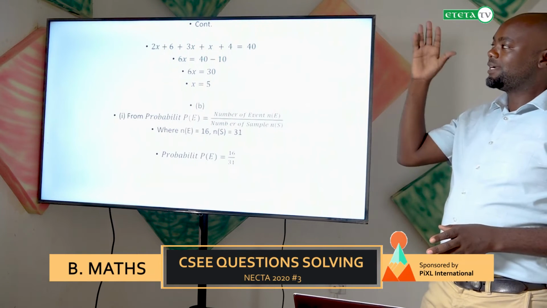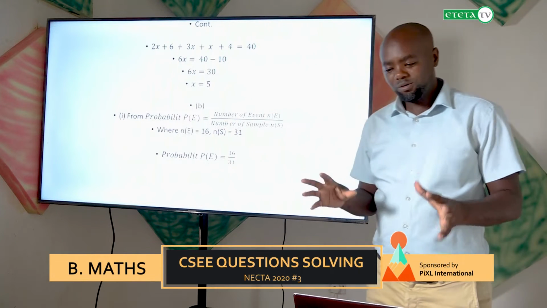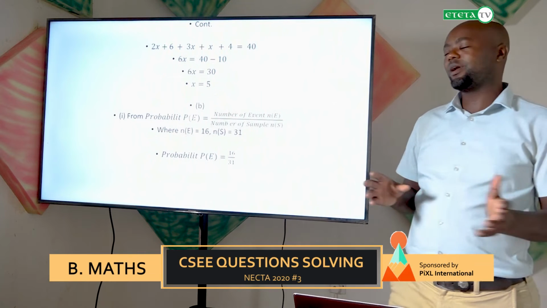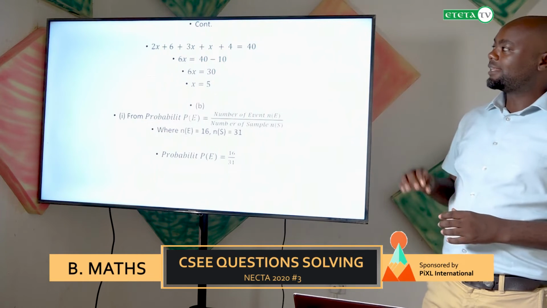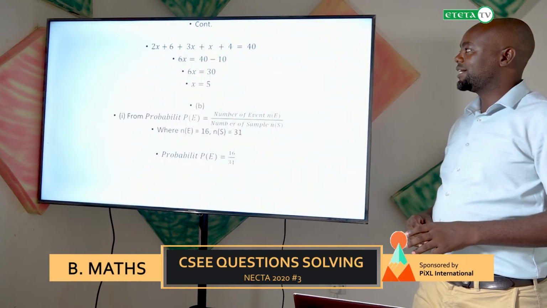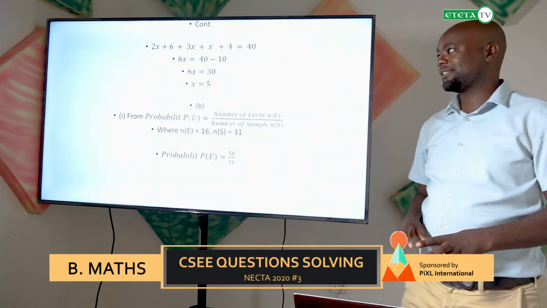From our Venn diagram above, we total the number of students who like math, football and tennis. And then we take 2x plus 6 plus 3x plus x plus 4 is equal to 40. 40 is the total number of students.